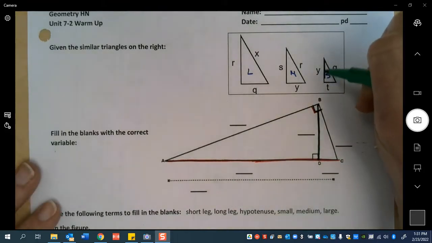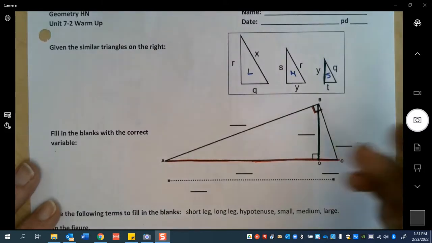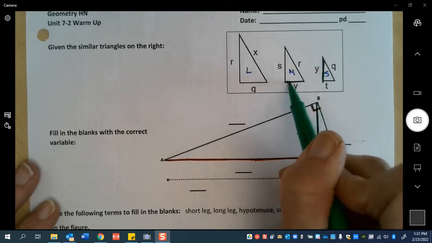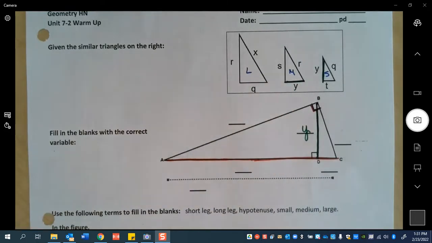He is the long leg of my small triangle, and he is the short leg of my medium triangle. So our first conversations were all about that side length there.